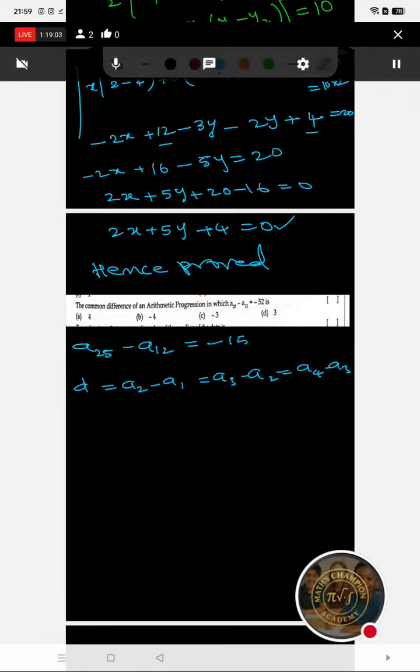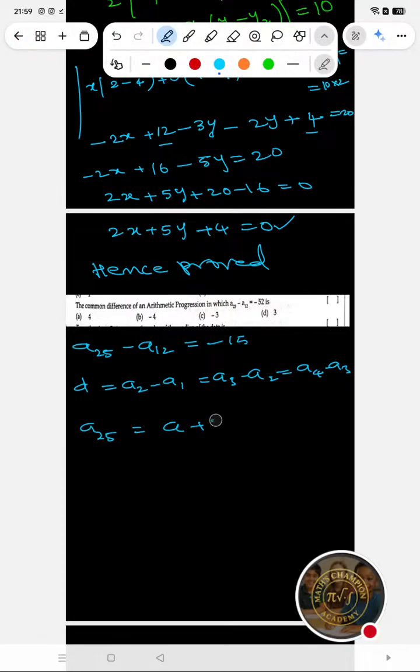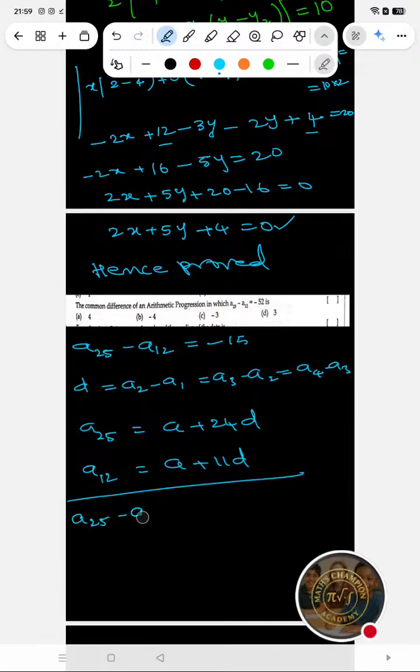So he didn't give it directly, but we can do it here. A25 we write as A plus 24D. Again A12 we write as A plus 11D. If we subtract, we want A25 minus A12.